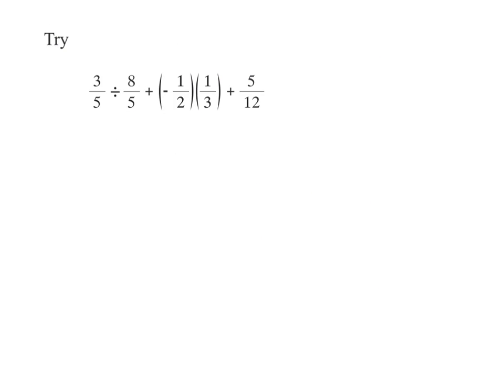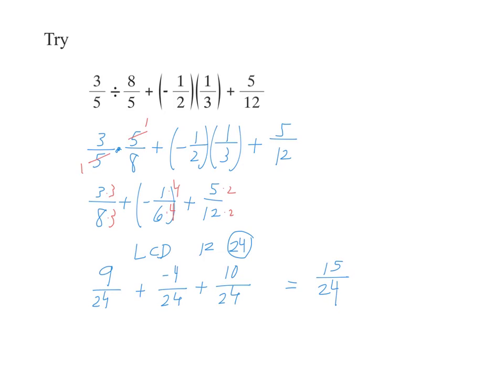Try this one yourself. Okay, check your work to see how you did. In this first part, remember, when we see a division symbol, you have to flip it, or what we refer to as multiplying by the reciprocal. So before I did anything else, I went ahead and rewrote 3 divided by 5 times 5 divided by 8. That's what you see right here.